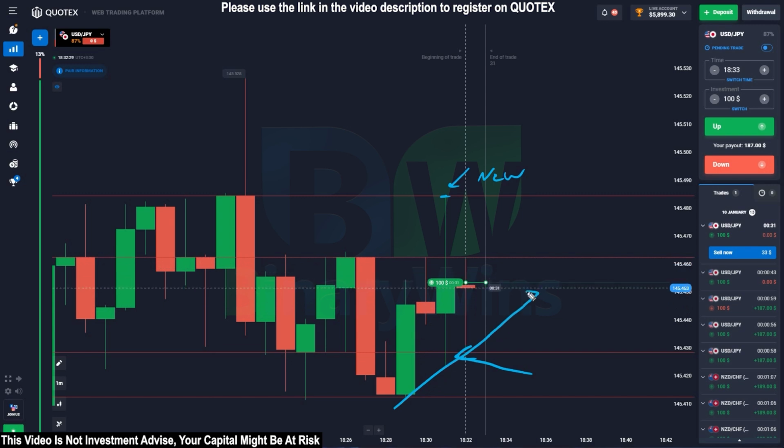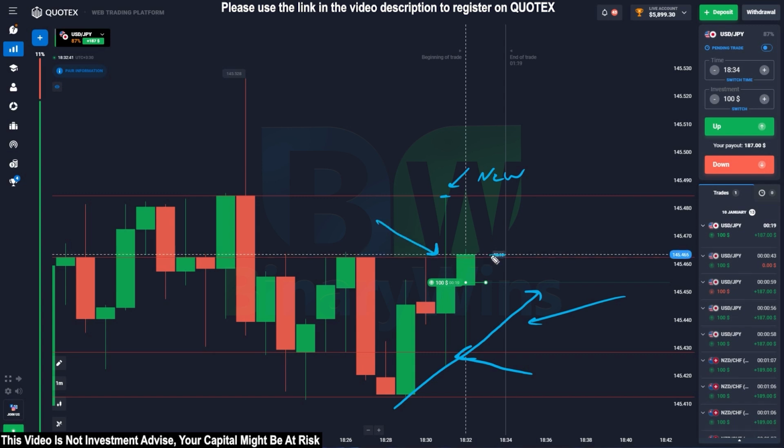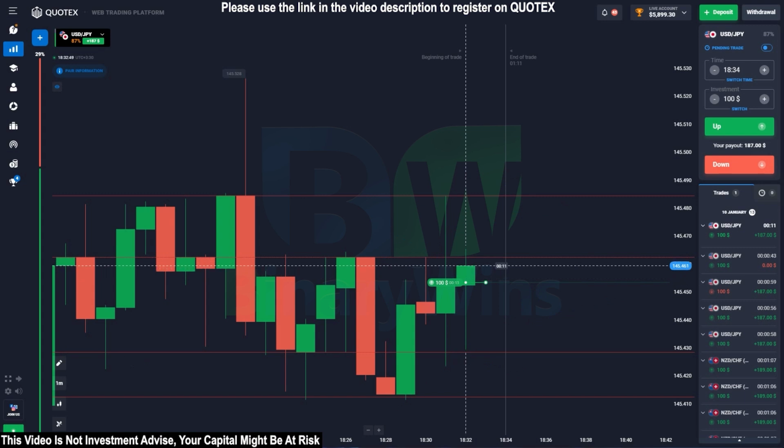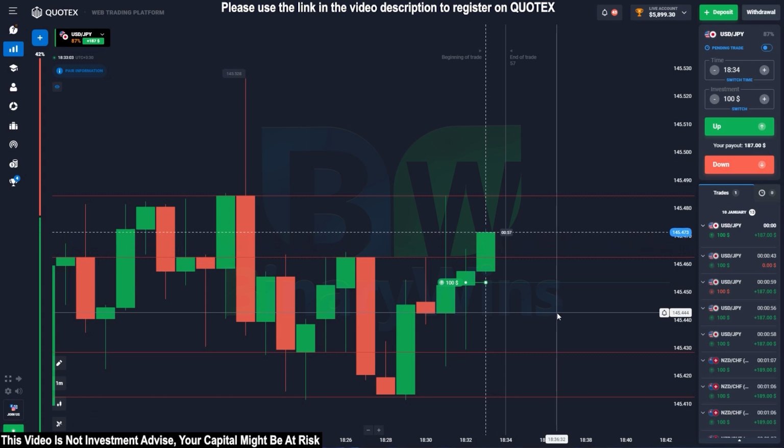If you look here, it is the range of buyers and the possibility of continuing upward movement towards there is above. This level has already been broken by this candle and its shadow. We are waiting for the trade to close. Okay?